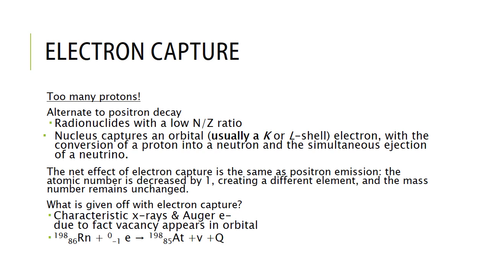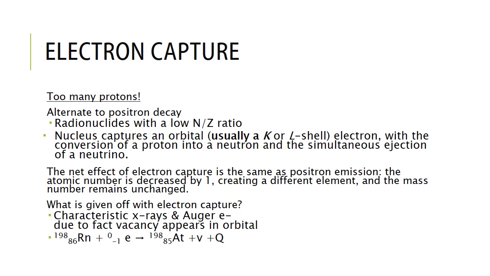So another way that isotopes that have way too many protons can decay is going to be electron capture. Now, as I stated before, one of the requirements to undergo positron decay is that the nuclide has to possess at least 1.02 MeV of energy in the nucleus.